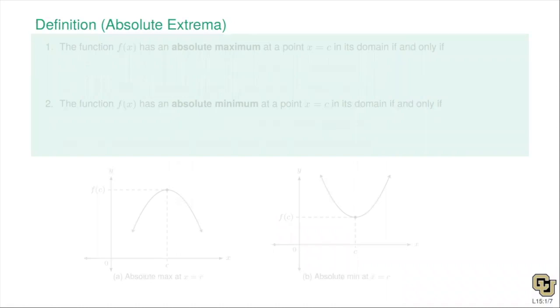And so for a two-dimensional graph, the interesting features would be things such as x-intercepts, y-intercepts, horizontal and vertical asymptotes, as well as high points and low points. And so high points and low points are called extrema. They're the extreme values of the range. And we have two types of extrema. We have absolute extrema and we have local extrema, okay?